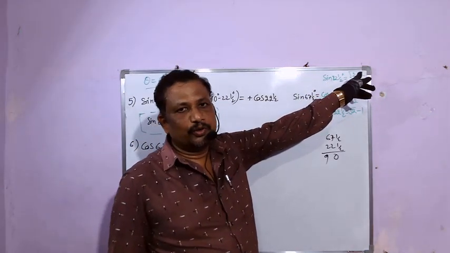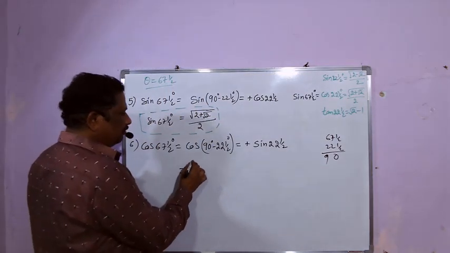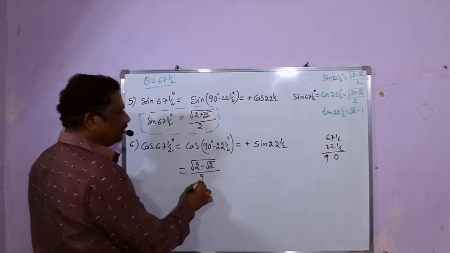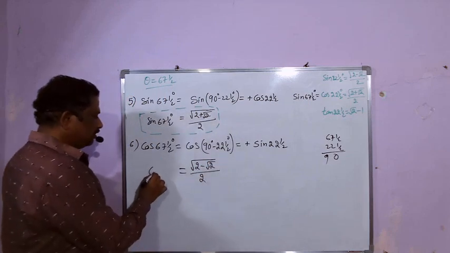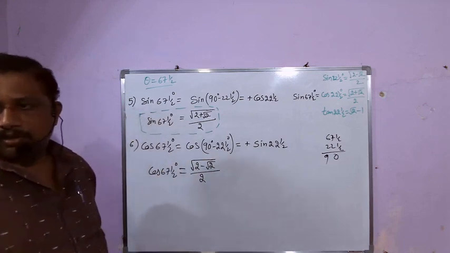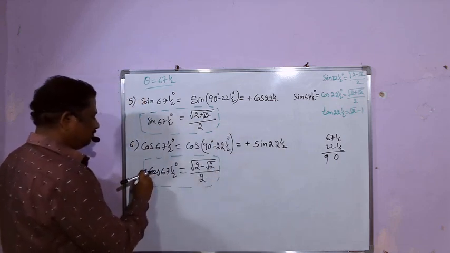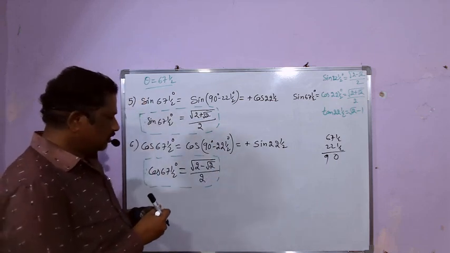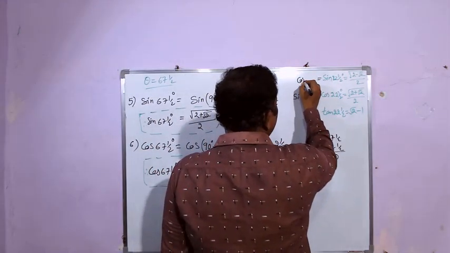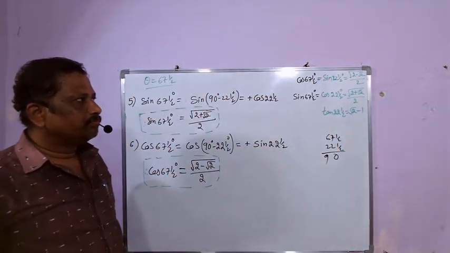Under root 2 minus root 2 by 2. So that we have to write here: under root 2 minus root 2, divided by 2. So this is cos 67.5 degrees. Okay, so cos 67.5 degrees is equal to sine 22.5 degrees. Okay, clear? Any doubt?